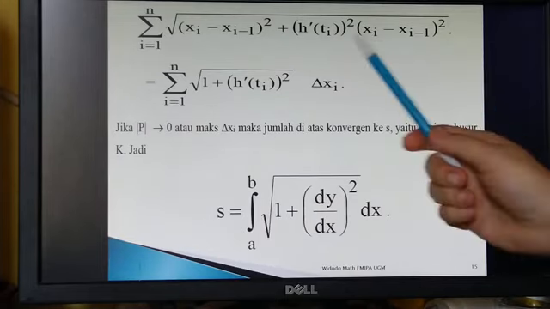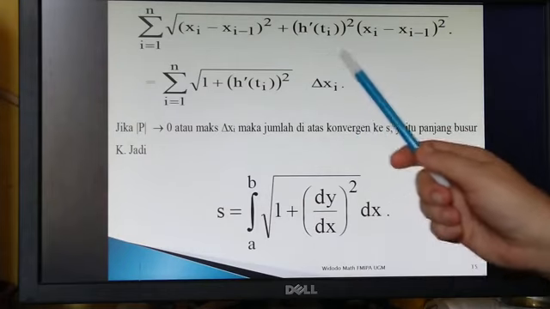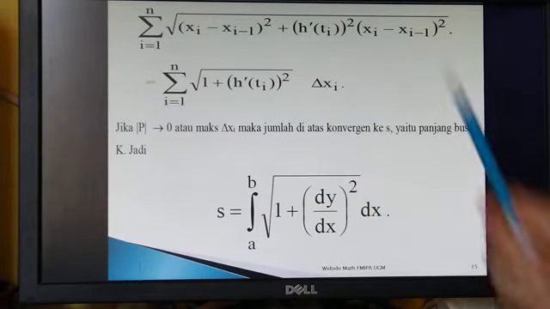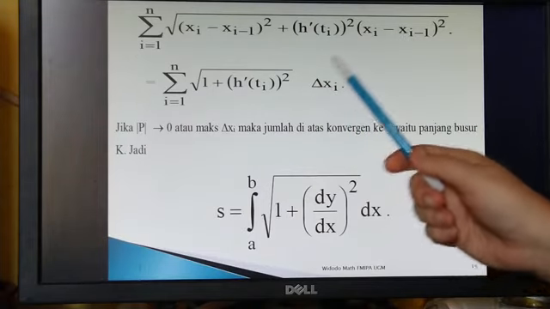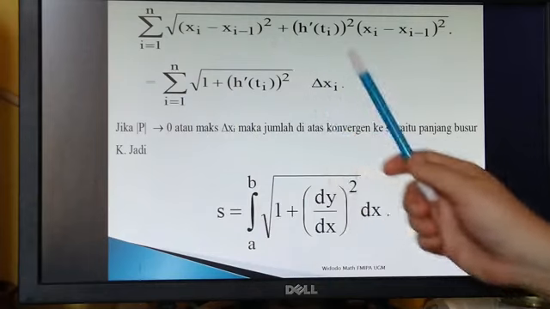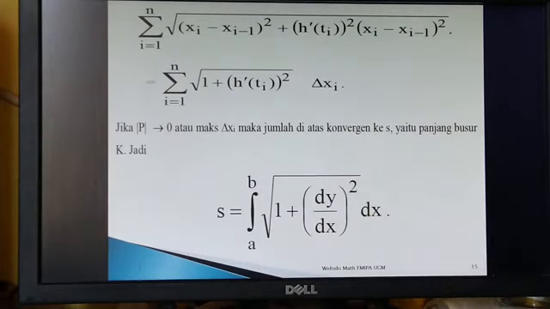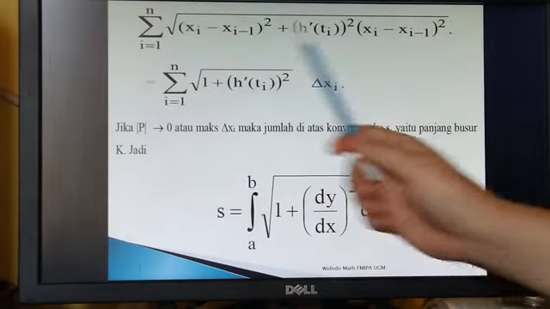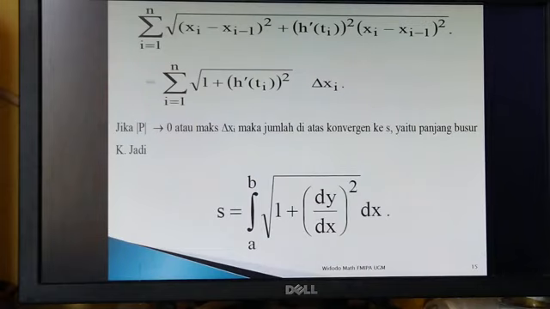Because this is a square, we take delta xi squared out of the square root, and it becomes delta xi. So we have this expression as S(P, f), the sum with respect to the partition P and the function h.